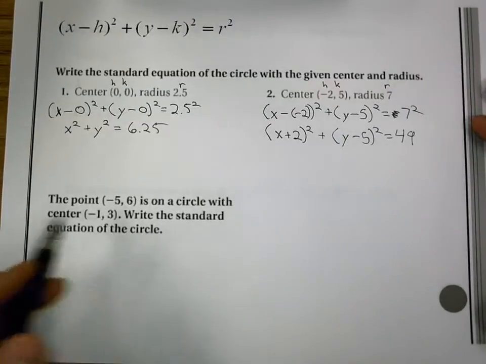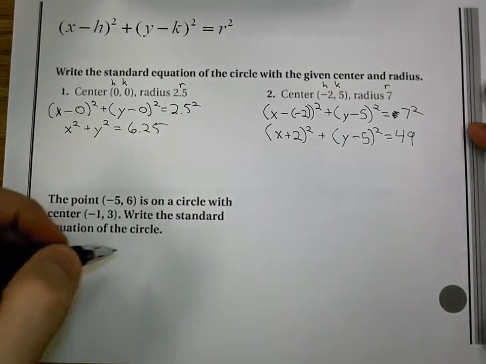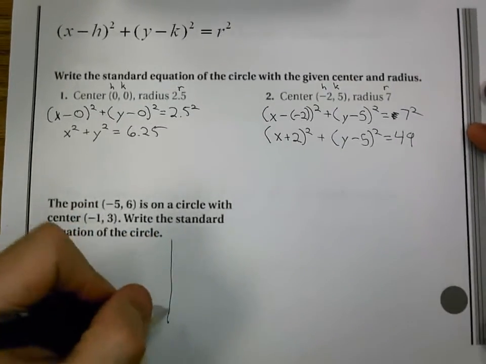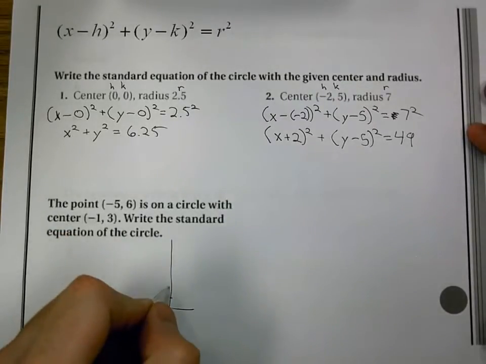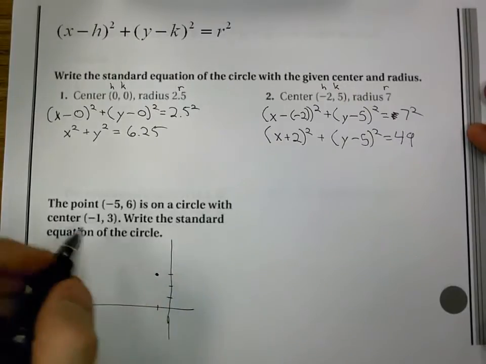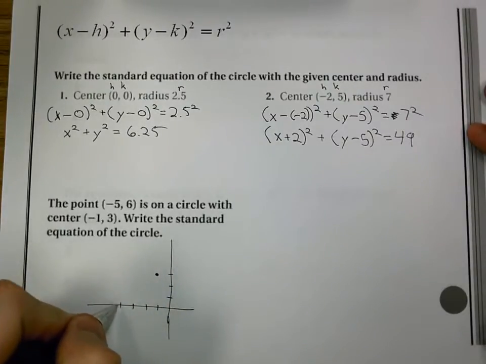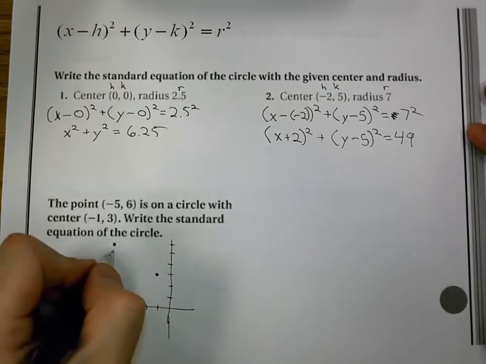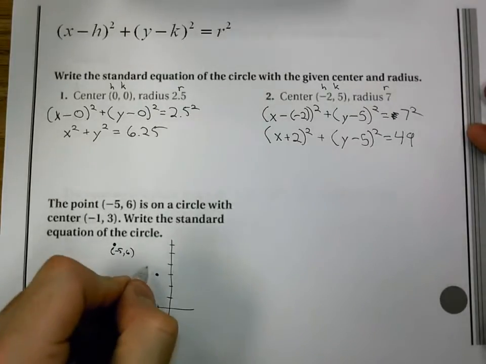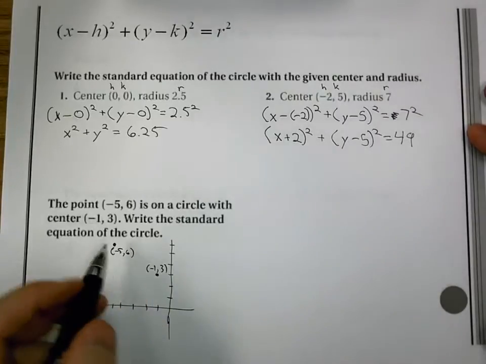Okay, if we look at this one down here, this is a little different way to look at it. Let's say I have the center at negative 1, 3, and a point on the circle, basic sketch here, at negative 5, 6.